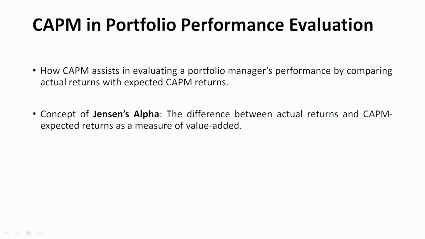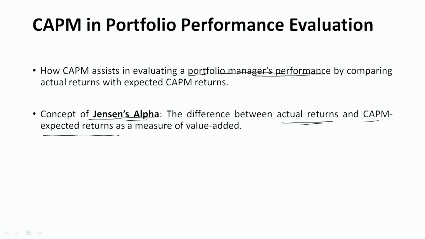How is performance evaluation done in the CAPM model? It is evaluated based on the portfolio manager's performance, right? And you have a concept of Jensen alpha. Jensen alpha is the difference between the actual return and the expected return which you have derived through the capital asset pricing model.